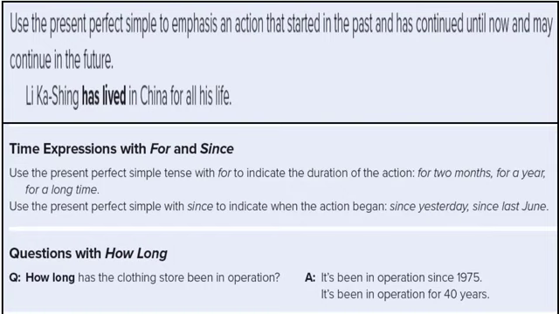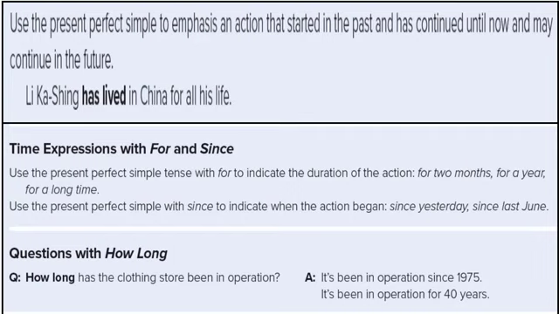The duration here, my students, means how long the action has been. For 2 months, for a year, for a long time. We also use the present perfect simple with since to indicate when the action began: since yesterday, since last June, the time of the beginning of the action.